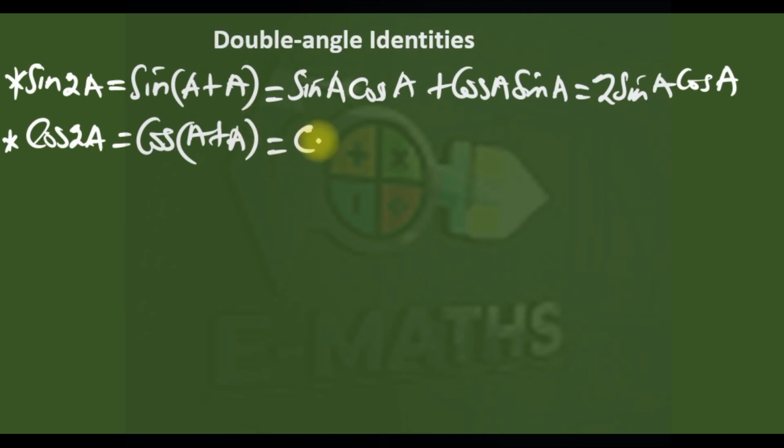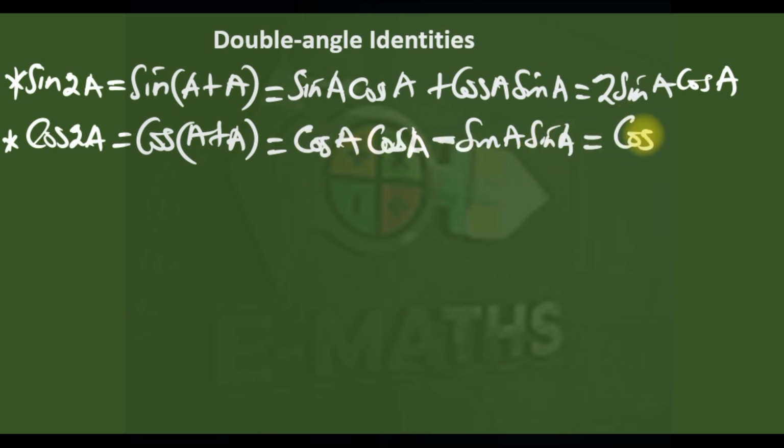So we have cos a cos a, and since we have positive here, minus sine a sine a. So cos a times cos a is cos squared a, and sine a times sine a is sine squared a. So this is our first formula.